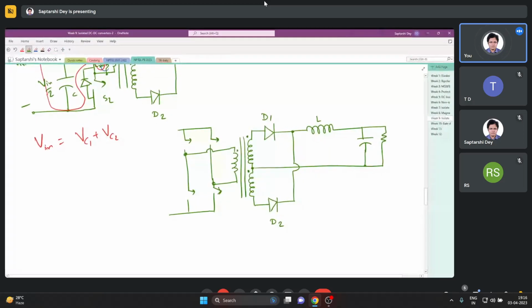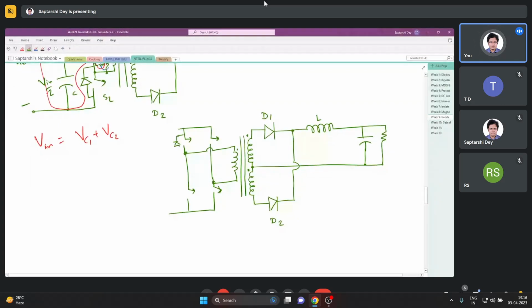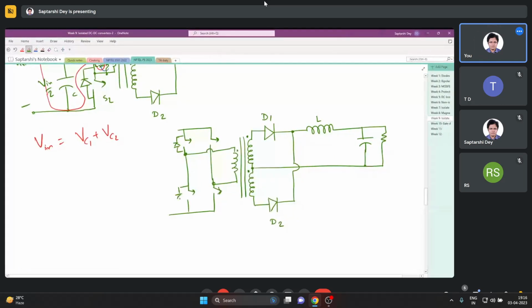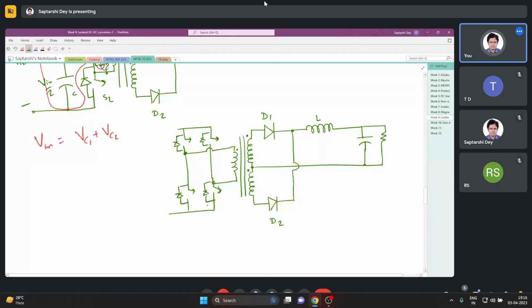Again, you can see by yourself that if you have anti-parallel diodes here, that is enough to act as a reset circuitry. The magnetizing current will flow back to the source.